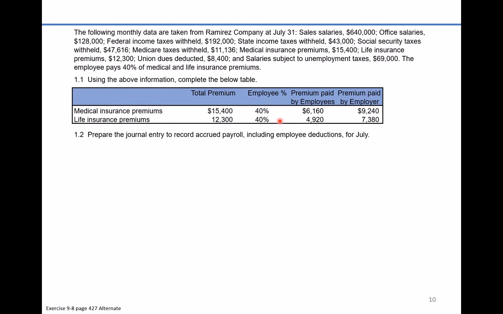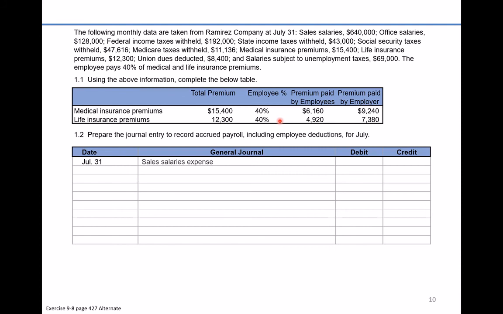The next step is we're going to prepare the journal entry to record accrued payroll, including employee deductions for July. So there's going to be a lot of data here. The first thing we take is the amount of the salaries. Those are direct expenses to the company, calculated on hourly wages or annual wages prorated for the month.